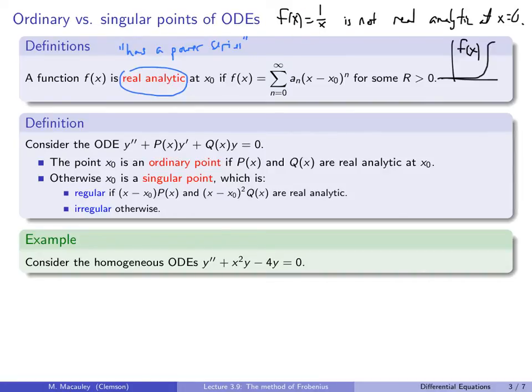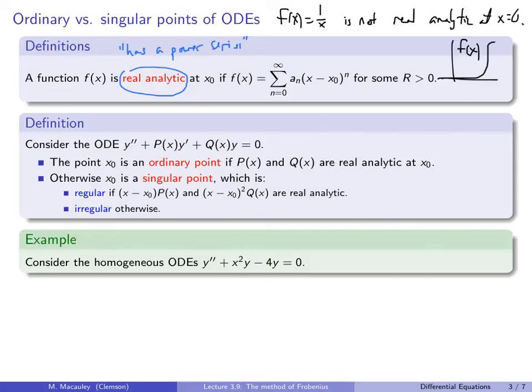Okay, so why do we care about this? Let's take a second order differential equation, something like this. You can divide through by the coefficient of y double prime. So even if there's an x in front of y double prime, divide that out and absorb that into p and q. So the point x naught is an ordinary point if p and q are real analytic, if they're defined at x naught.